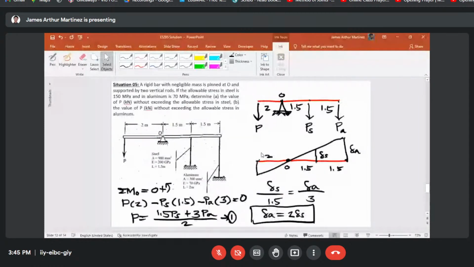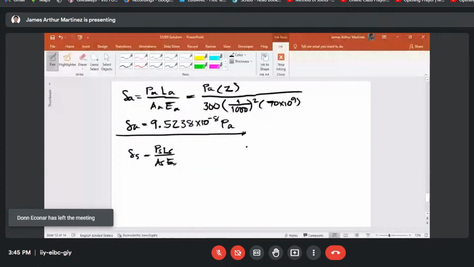So for steel, the deformation of steel is equal now to the modulus of elasticity for steel.